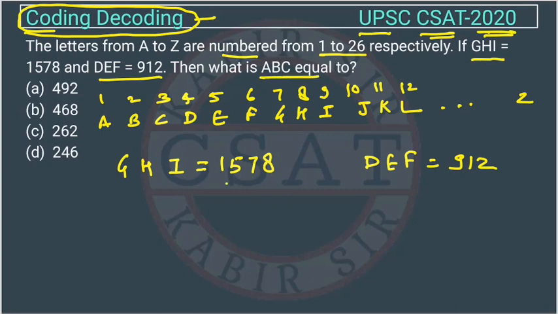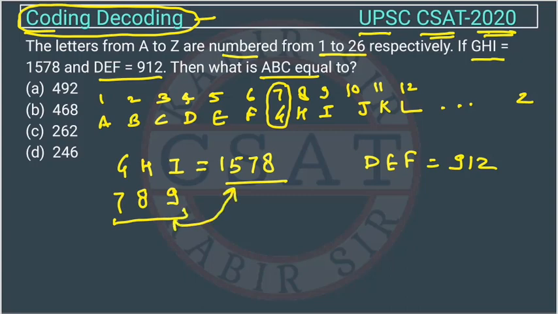GHI is coded as 1578, so we will see what logic is used. We know the position of G is 7, H is numbered as 8 and I is numbered as 9. So GHI should be 789 according to us, but they have given 1578. So we will see what the relation is between this and this.